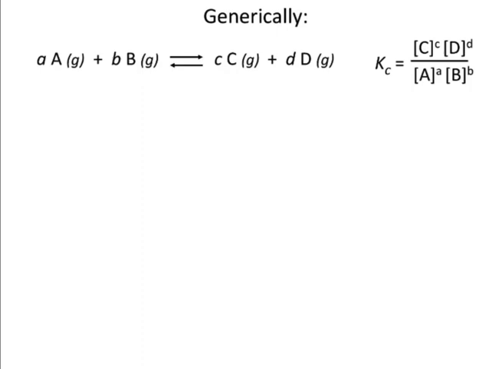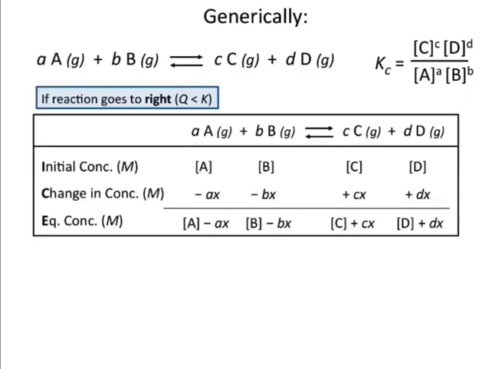Okay, so then I'm just going to quickly show a little more generic version of the ICE box for our generic chemical equation. A and B go to C and D. Again, lowercase letters are the stoichiometric coefficients. Now, if this reaction goes to the right, which you have to determine, your ICE box will look like this, because you have negatives on the left and positives on the right in your change line, because it's going to the right.